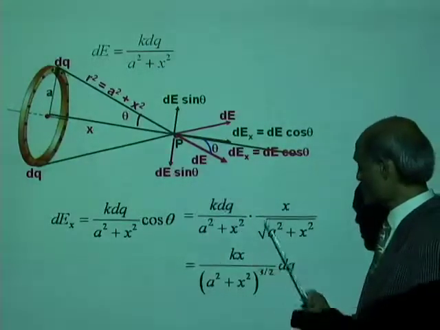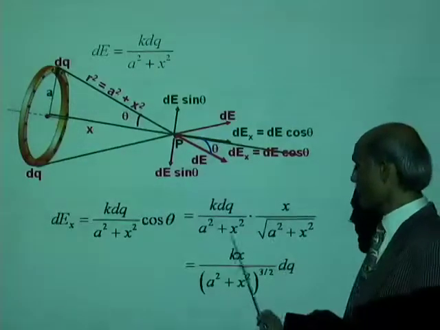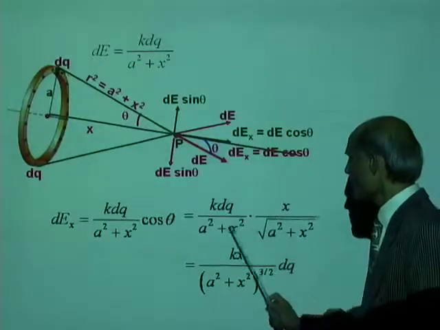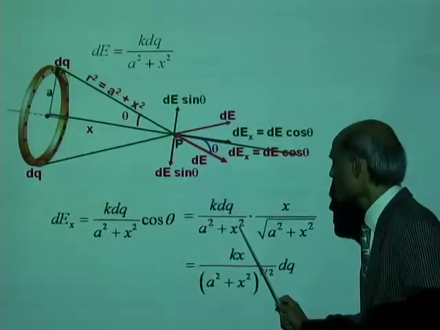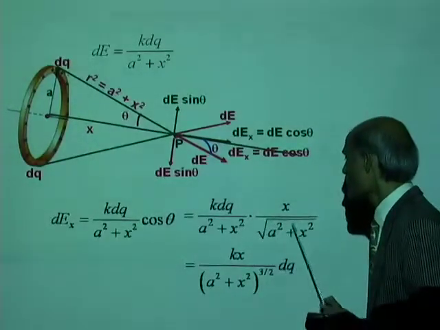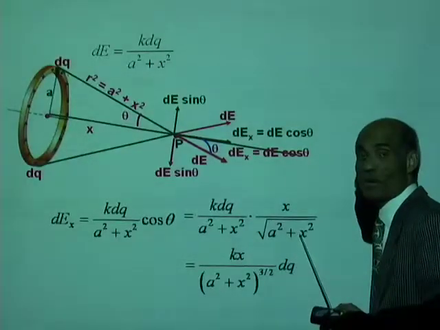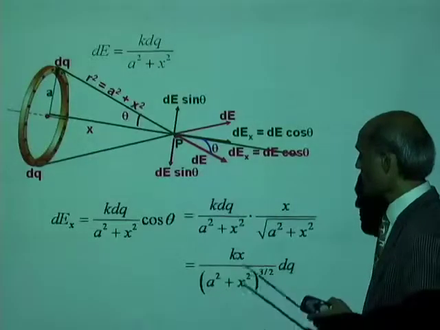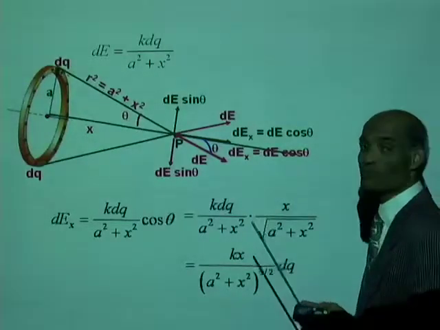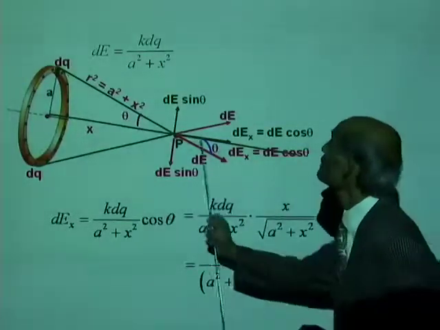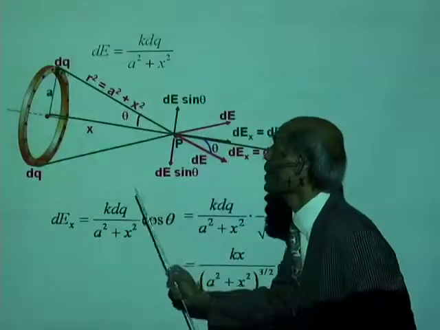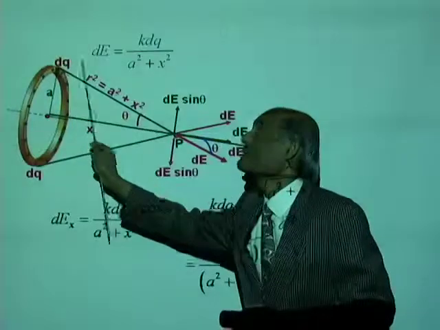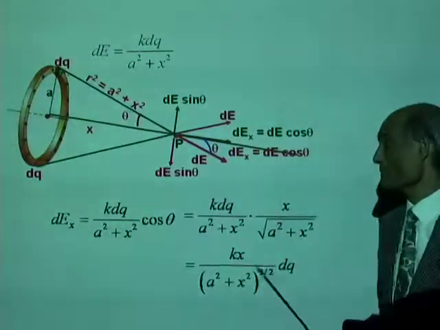I took that dq and put it there and combined all the remaining together. Kx divided by a squared plus x squared times the square root of a squared plus x squared. I'm sure you know that is written as a squared plus x squared to the power of 3 over 2. And this is the x component of the electric field due to one small element of charge dq.